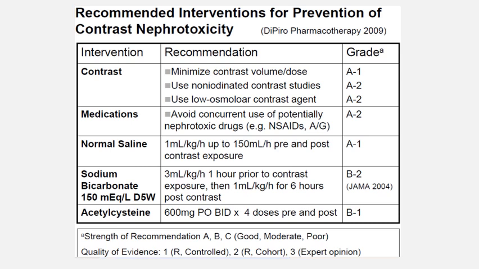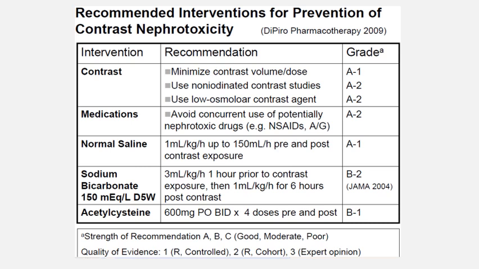Studies have shown that with more use of non-iodinated contrast media, there is less chance of contrast media-induced kidney disease. The use of low osmolar contrast media has also been found very effective. If we go for the medications, we should avoid drugs that cause nephrotoxicity, like NSAIDs.